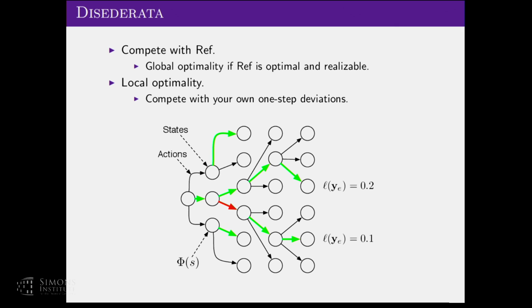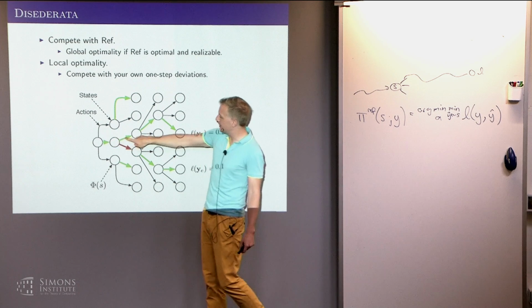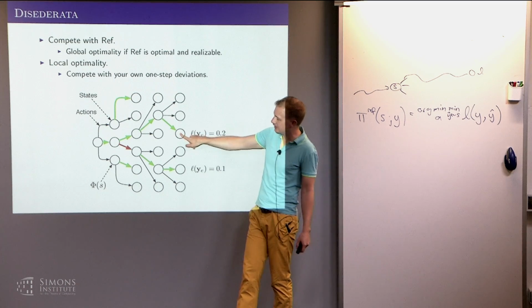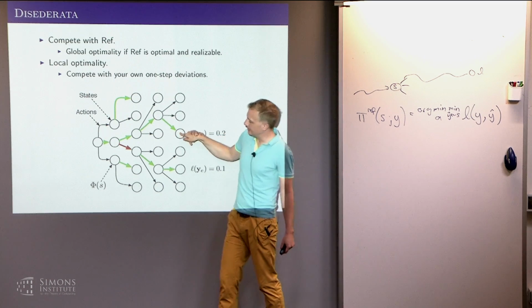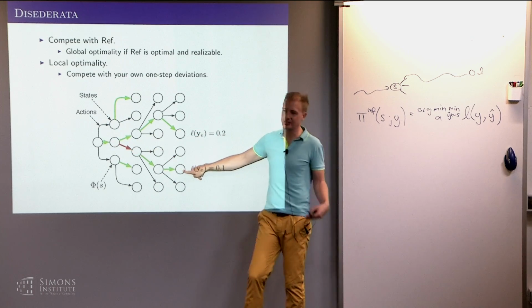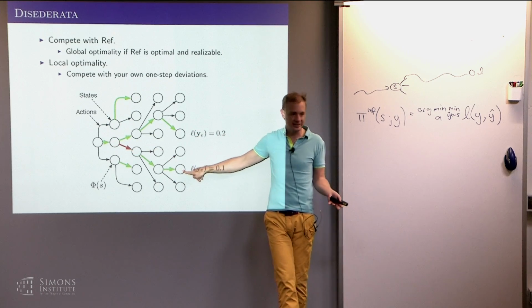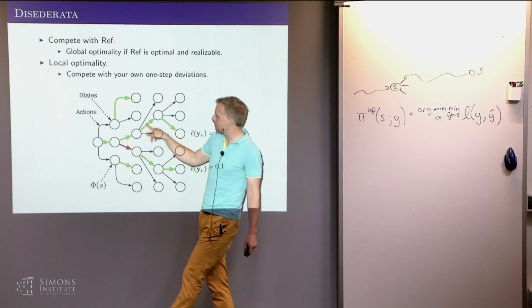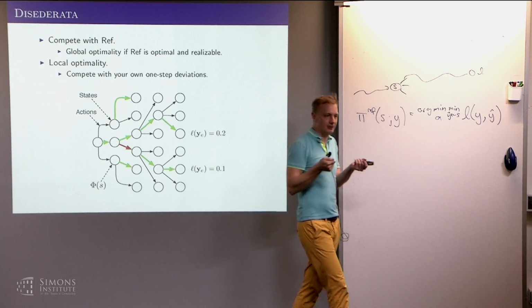So I might like some form of local optimality. And the notion of local optimality we'll use is that we compete with our own one-step deviations, which basically means if green is the decisions that my current policy takes, then a one-step deviation of green is something that makes one decision differently from how green does. And I would like green to be locally optimal in this neighborhood.